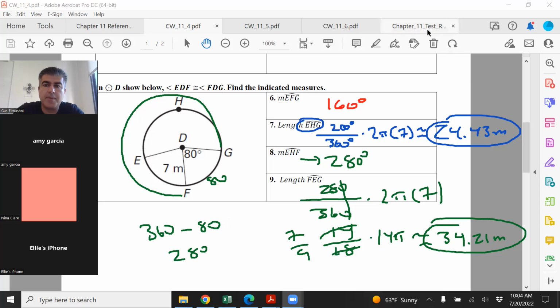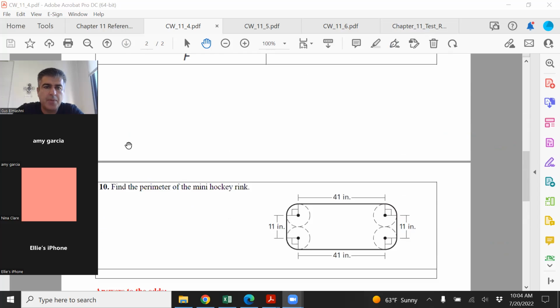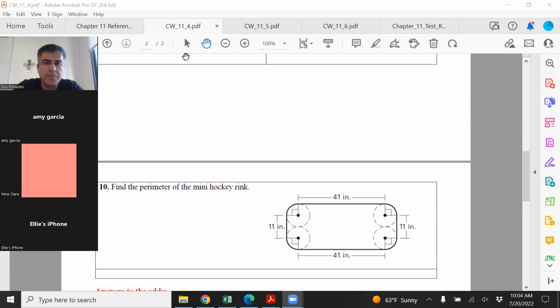Okay, let's keep moving. Last problem here, then we'll do some practice and we'll do a break. Find the perimeter of the mini hockey rink. Interesting, okay. So that's 11. That's 41. And that's 41.